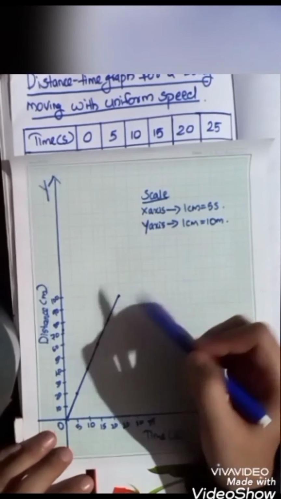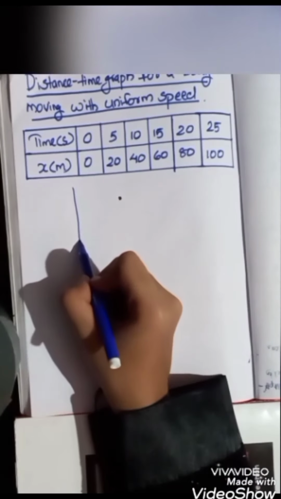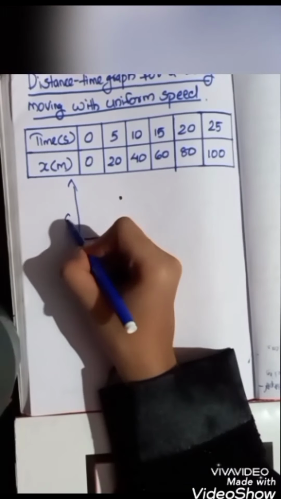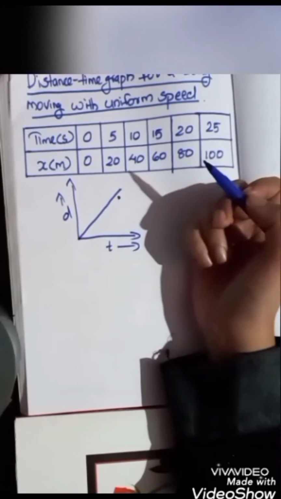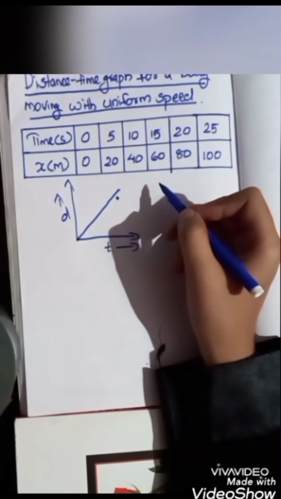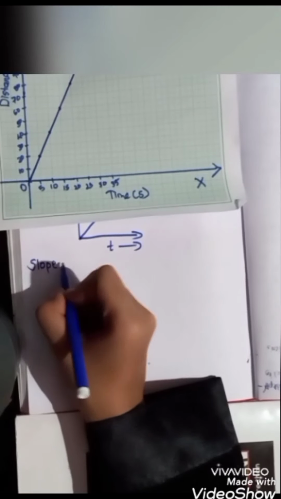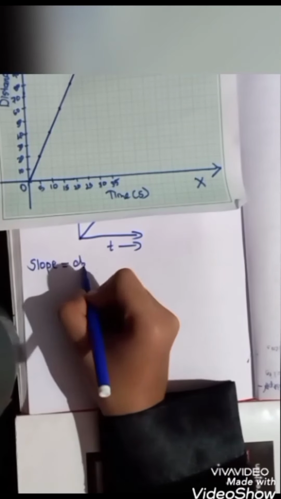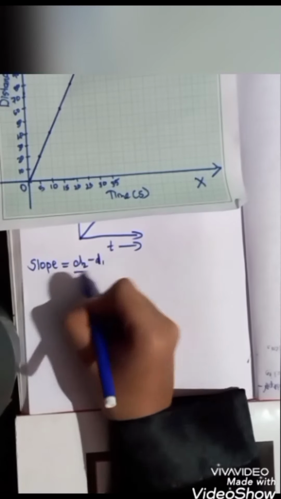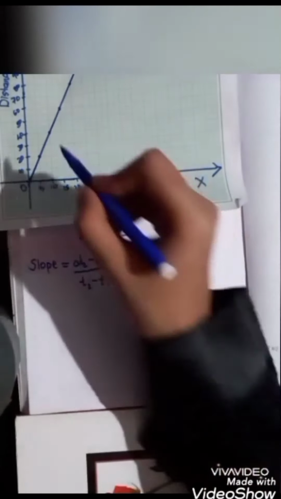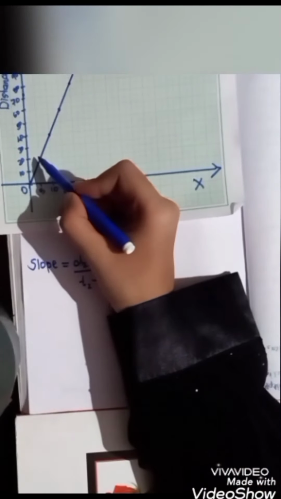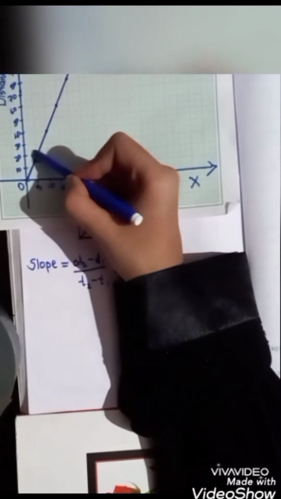This is the scale. So the distance-time graph of a body moving with uniform speed will always be a straight line. What will be the slope here? Slope of the d-t graph is equal to d2 minus d1 by t2 minus t1. We can take two points.